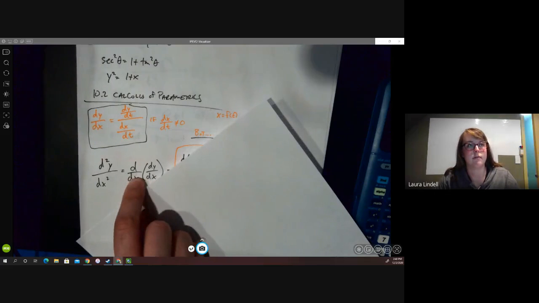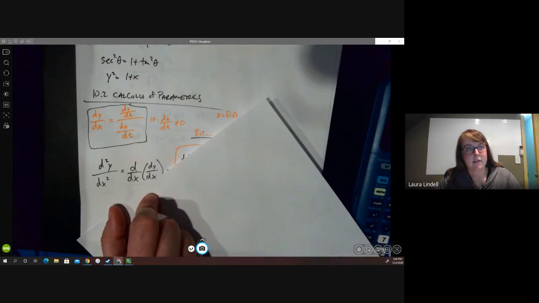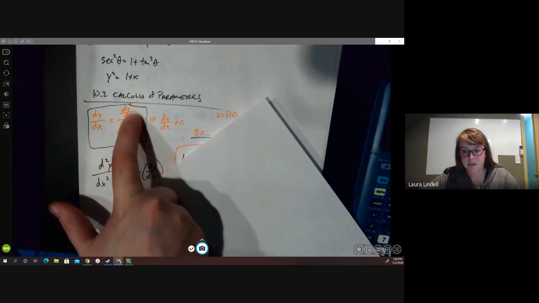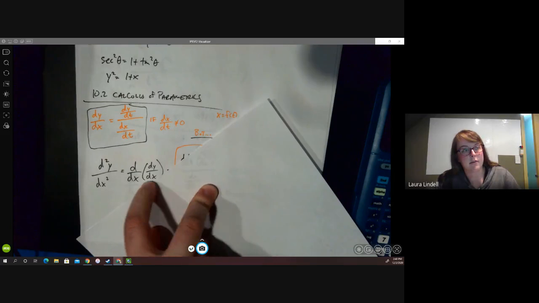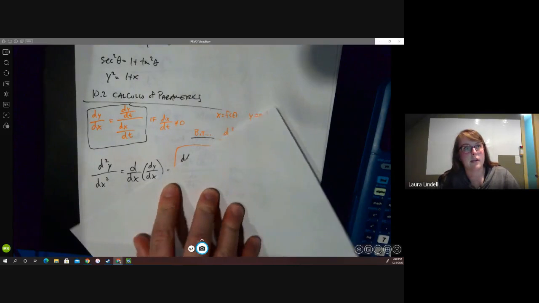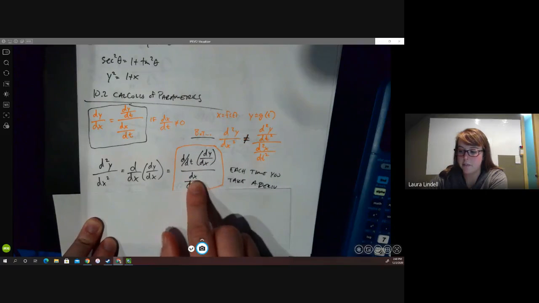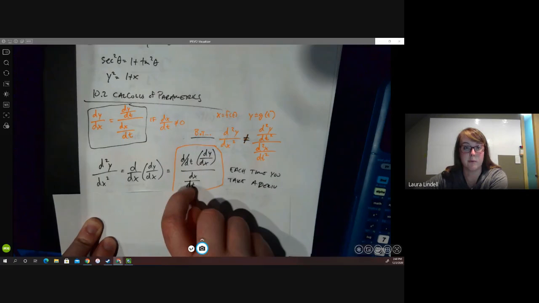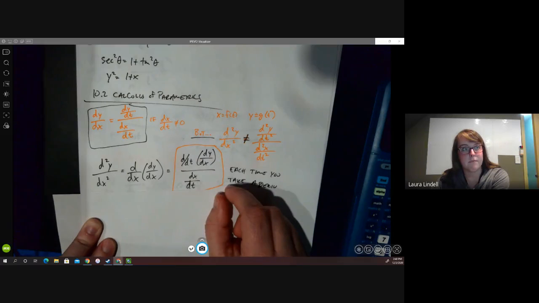Since this dy dx is now in terms of t, instead of d dx, we use d dt of dy dx over dx dt, because when you're dividing fractions, if you flip and multiply, the things we'd like to cancel out do, and it also has to do with the chain rule of taking derivatives with respect to x.